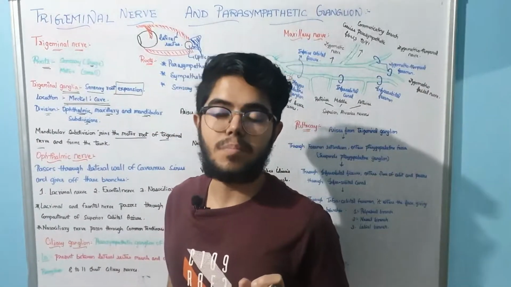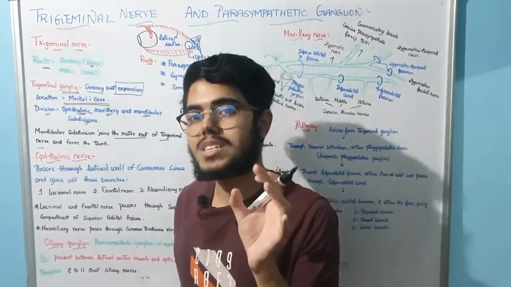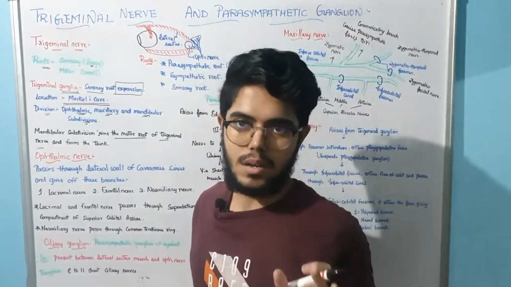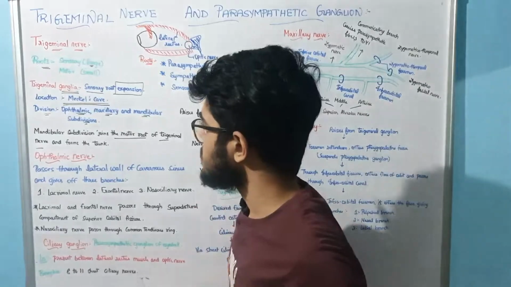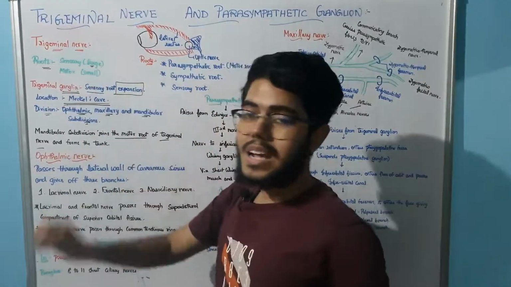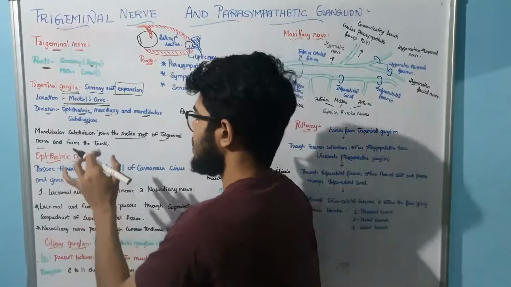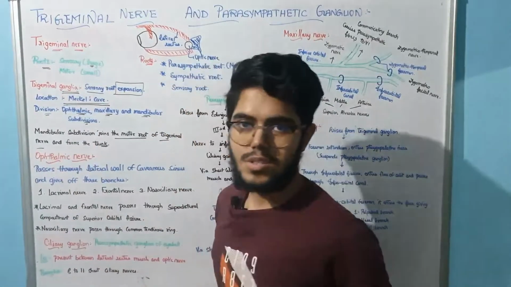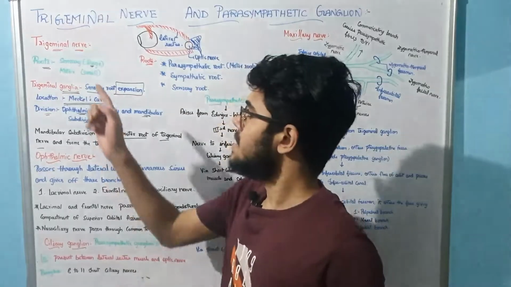They are asking a very important question, how the trigeminal nerve forms the trunk. Very simple answer, the mandibular subdivision is going to join with the motor root to form the trunk. So this is about the basics of the trigeminal nerve.